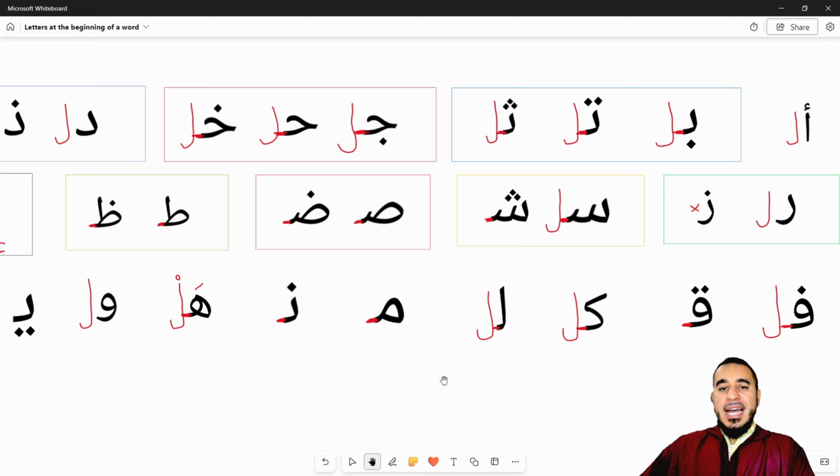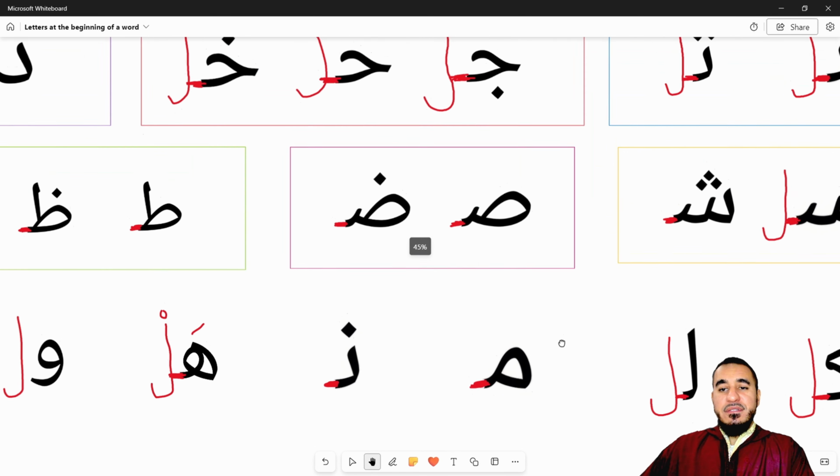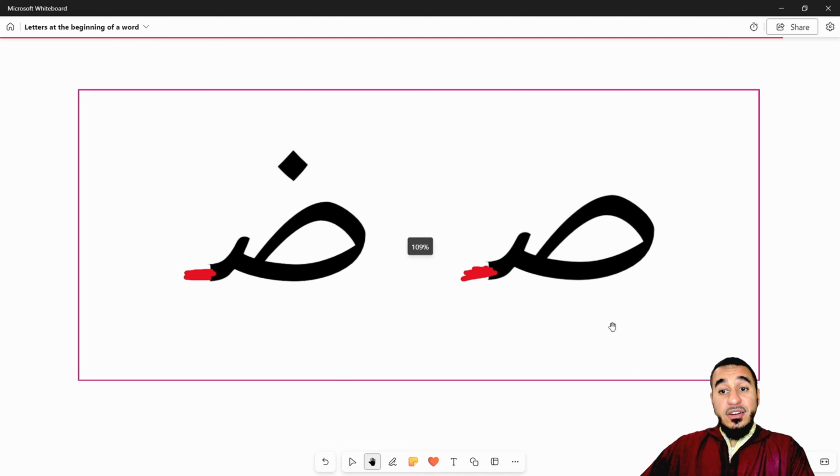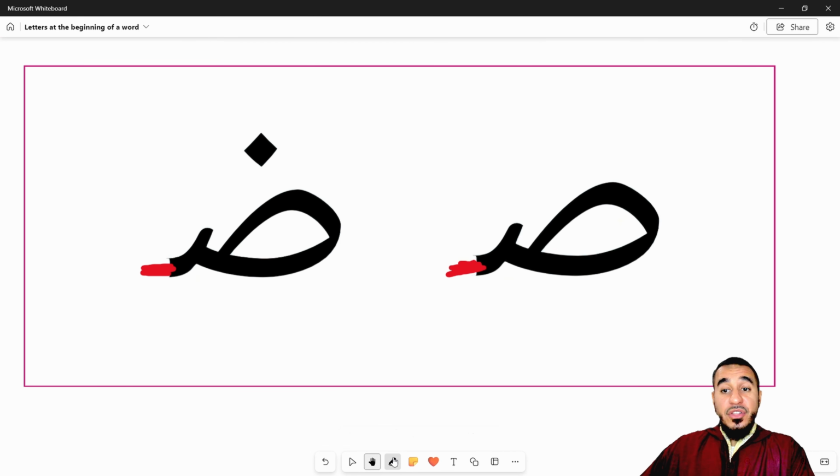Okay, and we're quickly going to just remind ourselves of the different sounds that they can make depending on the harakat that go with the letter. So with the sad, if I put a dhamma above it, then what sound would this sad make? It would make the su sound.